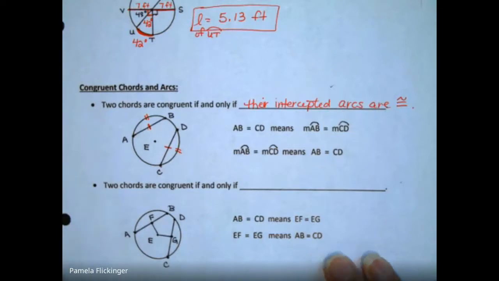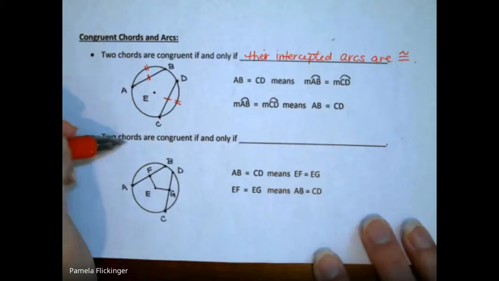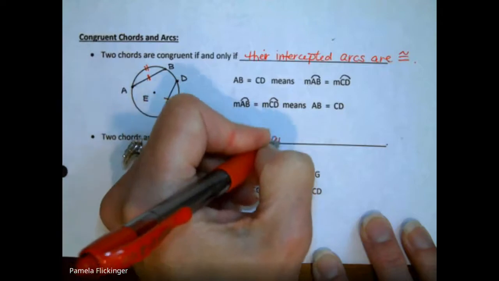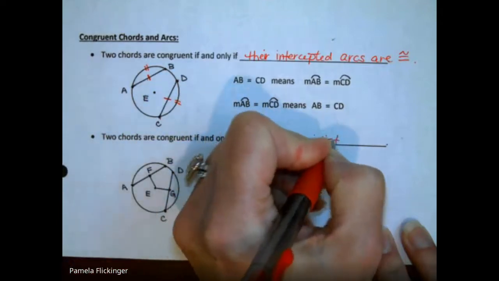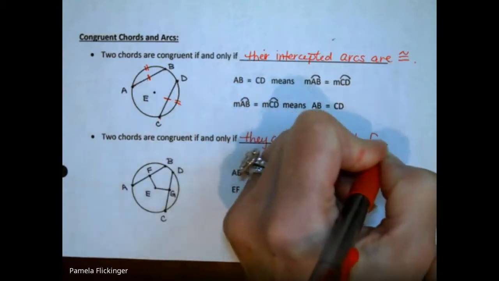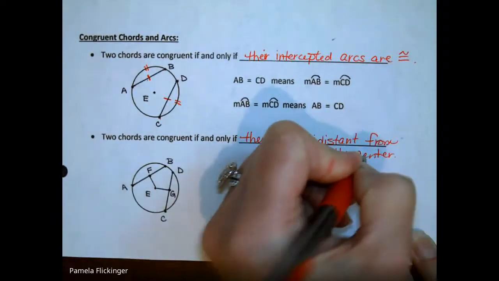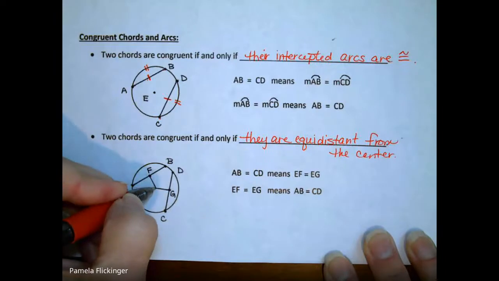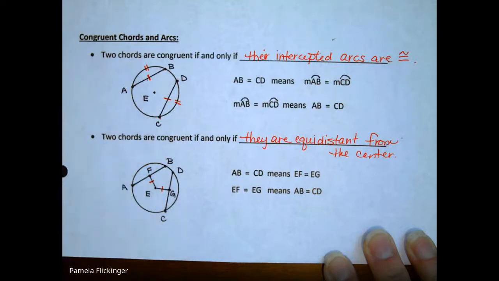All right, another rule for chords says that 2 chords will be congruent if and only if they are equidistant from the center. So when I look at this picture, what I have to be told is that the distance from E to F and the distance from E to G are the same. That needs to be told to me.